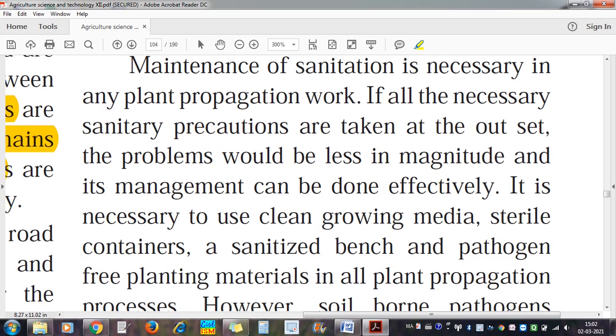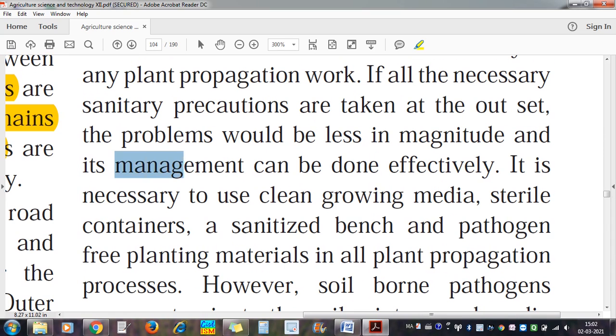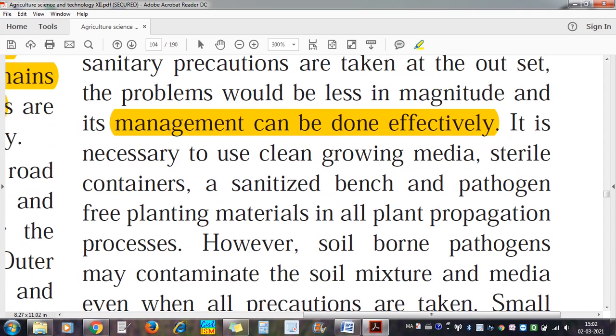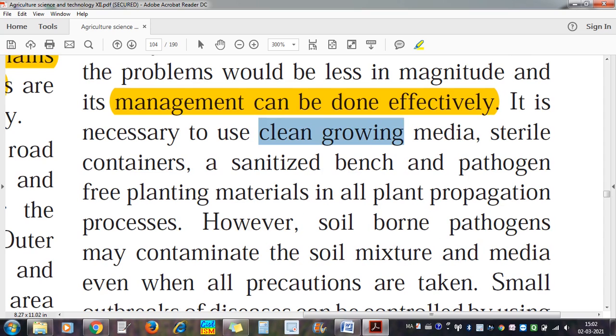Then management should be done very effectively for sanitation. Cleaning should be done. Whatever growing media there is, we have to use clean growing media. It should be sterile. The containers should be sterile. The benches kept over there should be sanitized. They should be pathogen free.